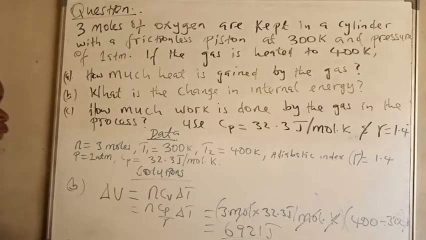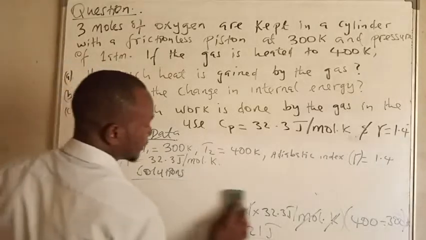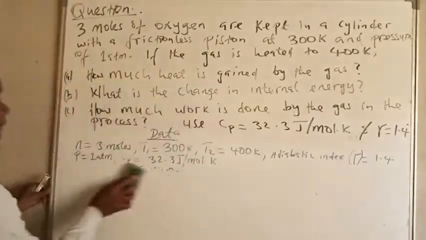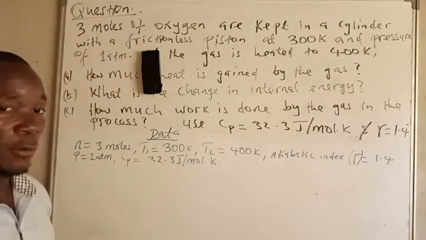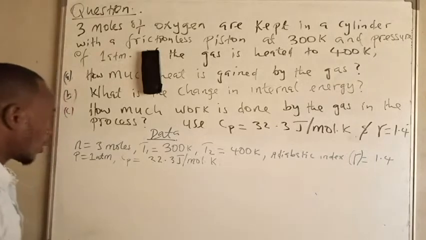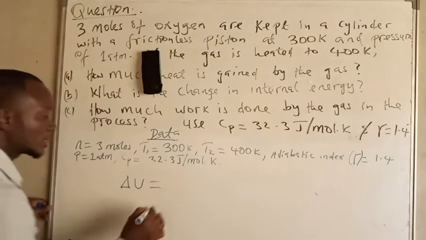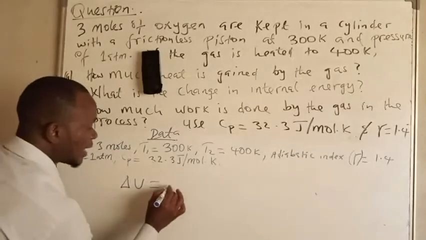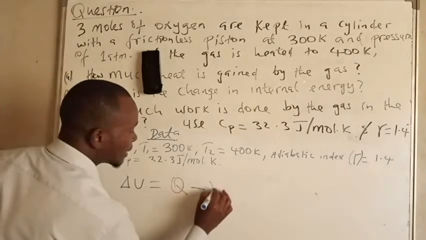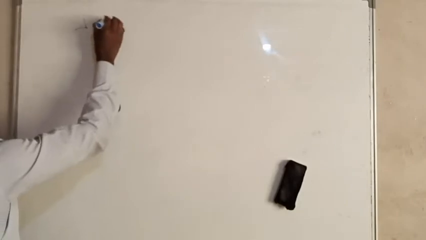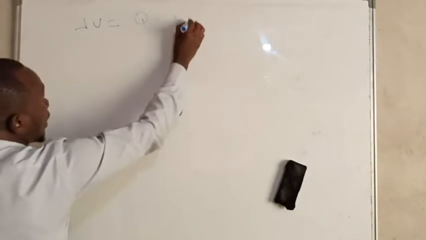Let us now proceed to the third and last part. Here, what we're going to consider is the first law of thermodynamics, which states that the change in internal energy is equal to heat minus work done.